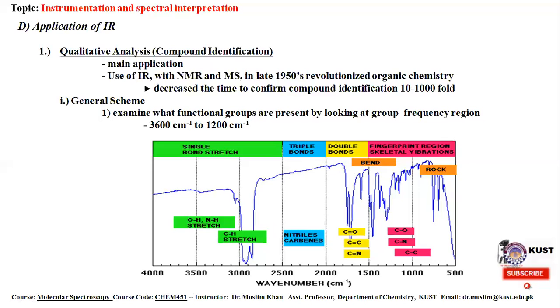With NMR, you get identification of hydrogens, identification of different carbons, and then the environment of the carbon. By the application of all these, you are using IR in combination with other spectroscopic techniques.